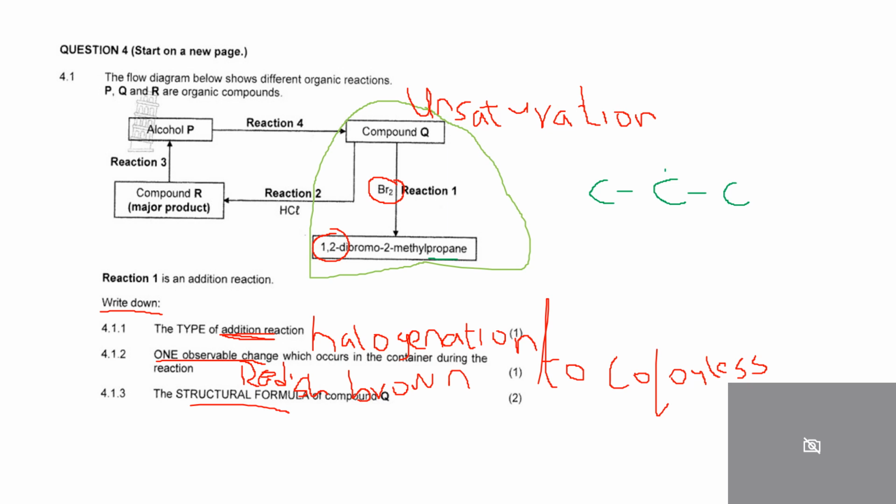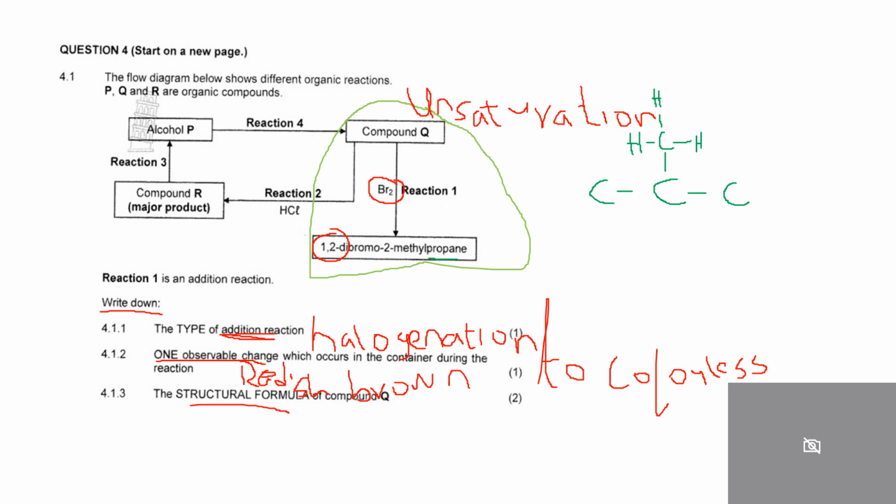On carbon 2 we have a methyl group, CH3. Make sure you don't forget the hydrogen atoms in the exam. So we have a methyl group on carbon 2.